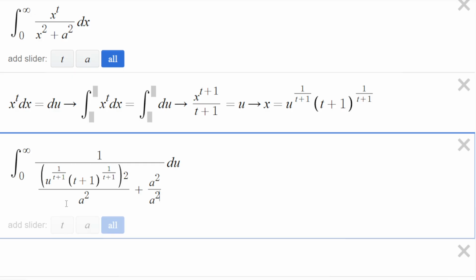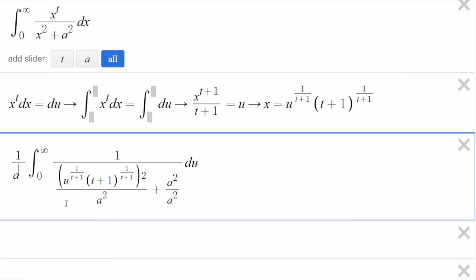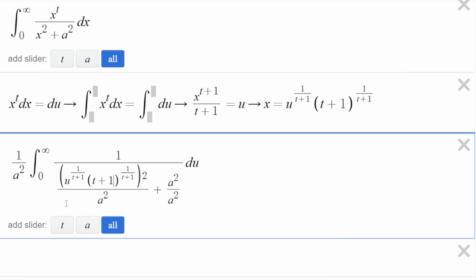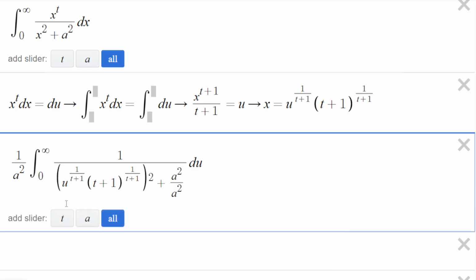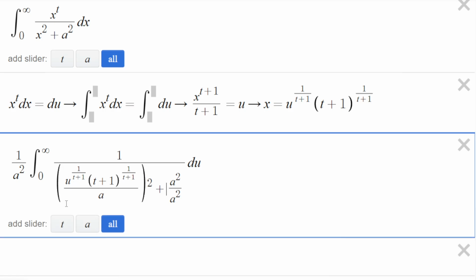Divided by a squared, and then on the top, bring it out, we get 1 over a squared. Of course, this can just be brought right inside of this as just an over a. And this is, of course, 1.